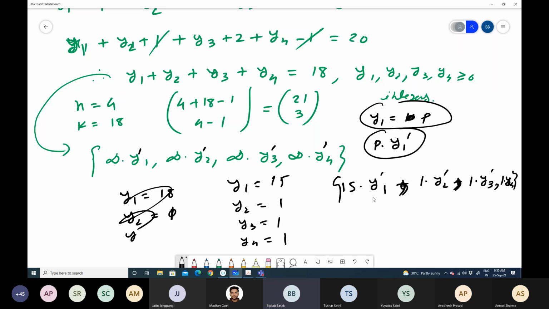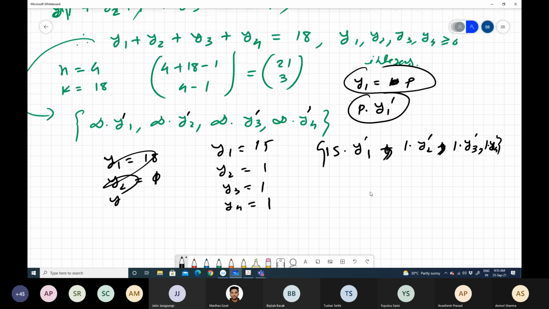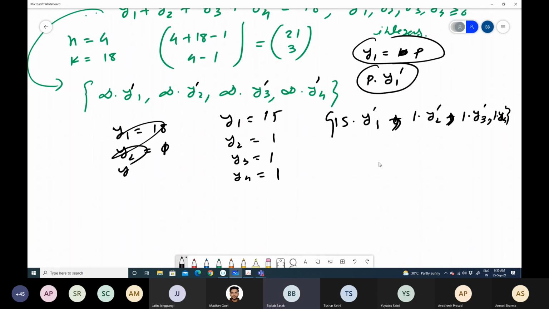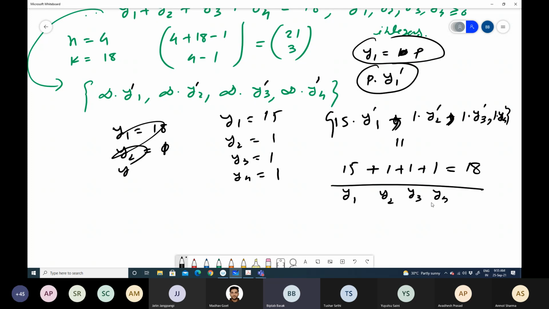Otherwise it gives confusion, because I am saying that the value of y1 is 15 here, and I am taking y1 equal to this one. So it is better to write a different symbol here, corresponding to yi. So this is the same as 15 plus 1 plus 1 plus 1 equal to 18, and those are the values of y1, y2, y3, y4.